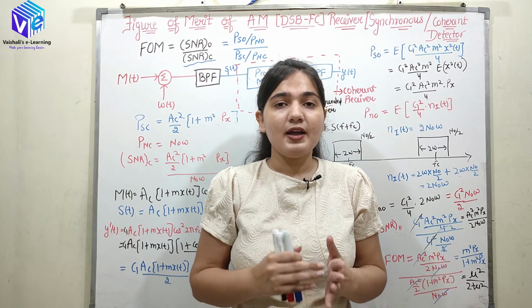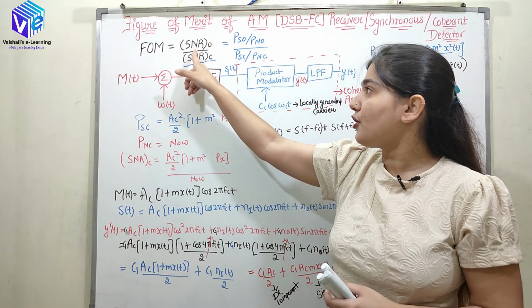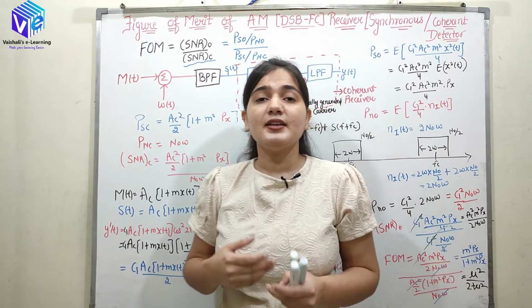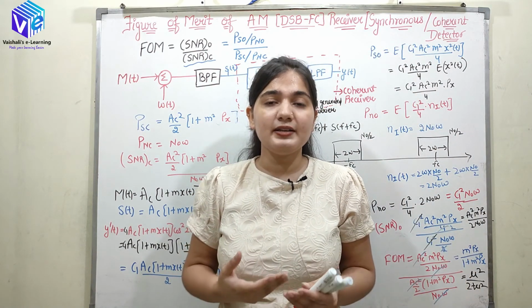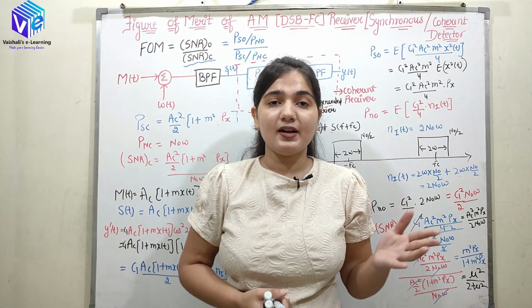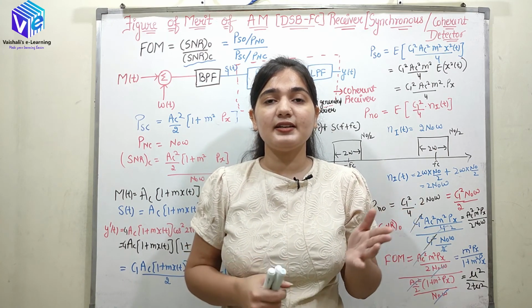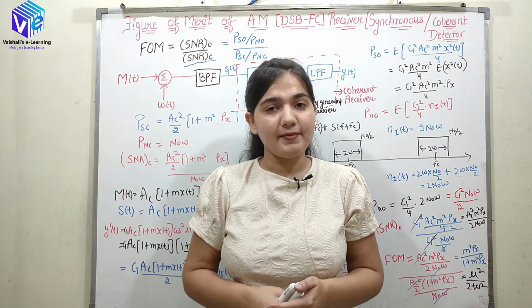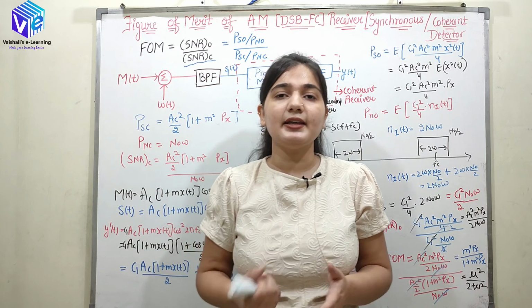So I know it is the output signal to noise ratio upon input signal to noise ratio. So SNR greater than 1 is desirable. So if I compare the frequency modulated and amplitude modulated signal receivers, the FM receiver would be working better than the AM receiver.